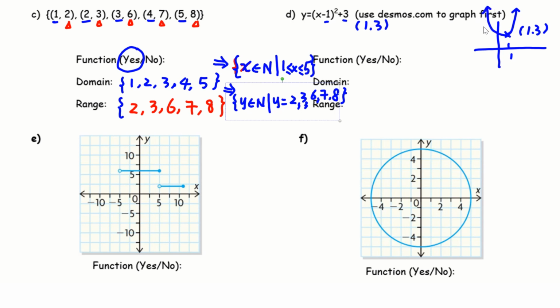Then you will see the left and right keep going, so negative infinity to positive infinity is your domain. So x belongs to all real numbers, no restrictions. You don't have to write negative infinity, positive infinity out.